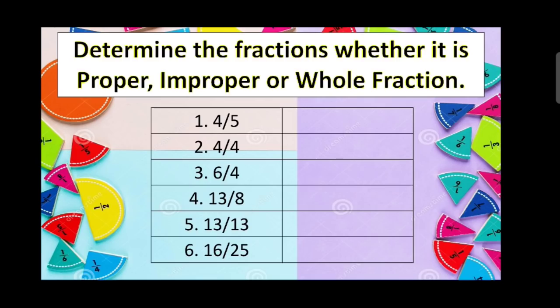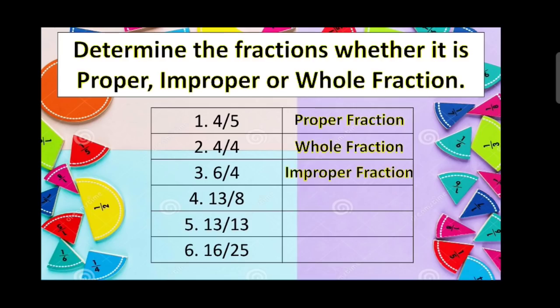That's why it is a proper fraction. Pero paano yung number 2 magkamukha? O equivalent niya is 1, yun ay whole fraction. Paano naman yung number 3? 6 over 4 or 6/4. O diba mas mataas yung numerator? So that's we call improper fraction.